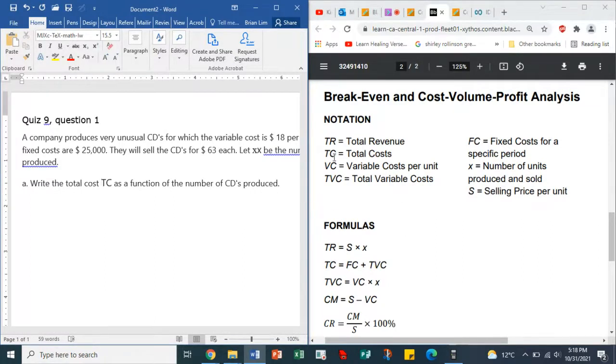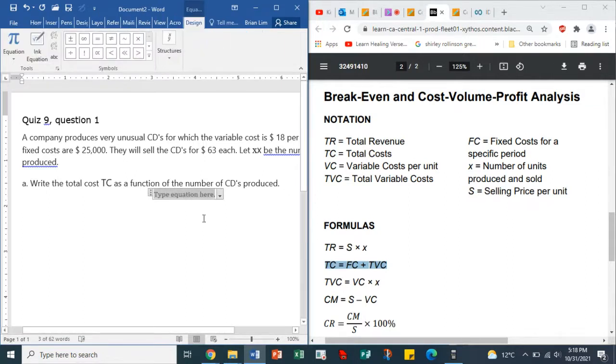The formula is total cost is equal to fixed cost plus total variable cost. Let's put that down first, and then we will get going. The total cost is equal to the fixed cost plus the total variable cost.